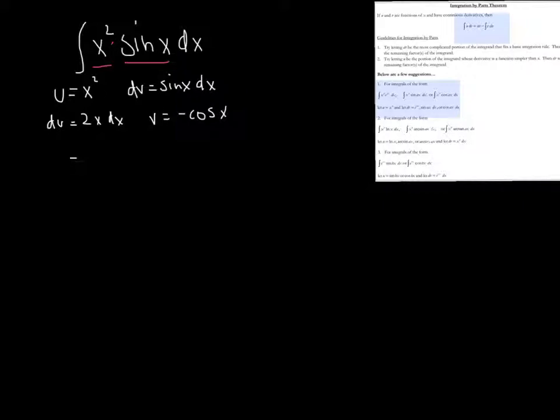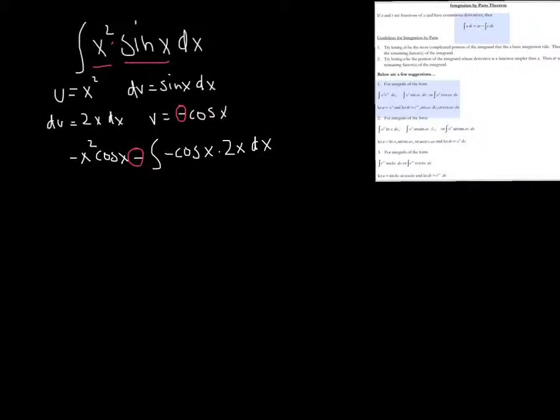So negative x squared cosine of x minus the integral of v du. Now I like these because you have a negative there and a negative there, and so those are just going to cancel out and give me a positive. But for now I'm going to write it out as negative cosine of x du, which is 2x dx.